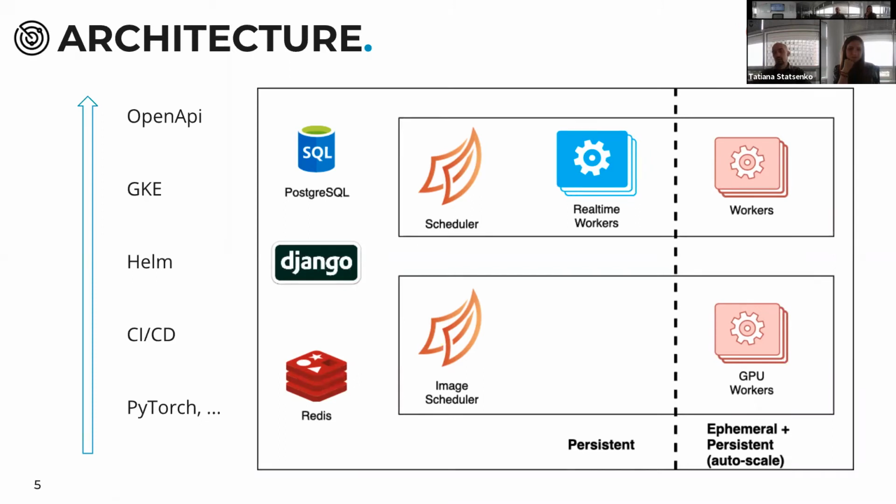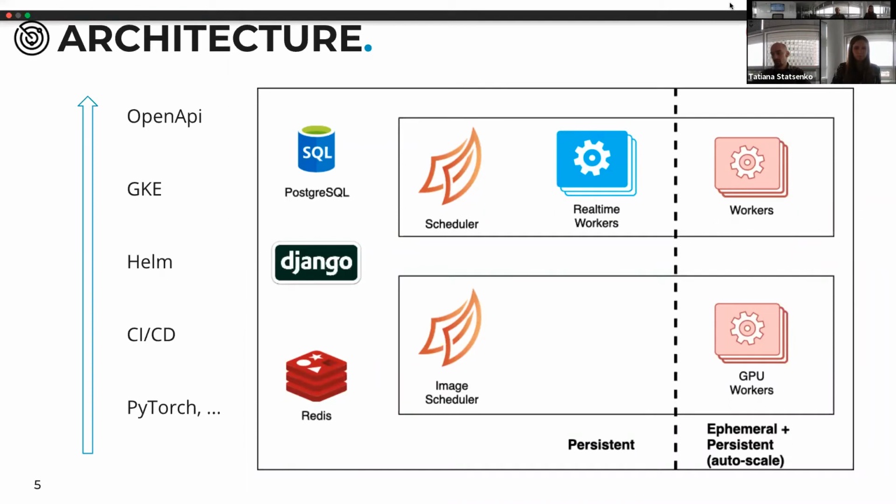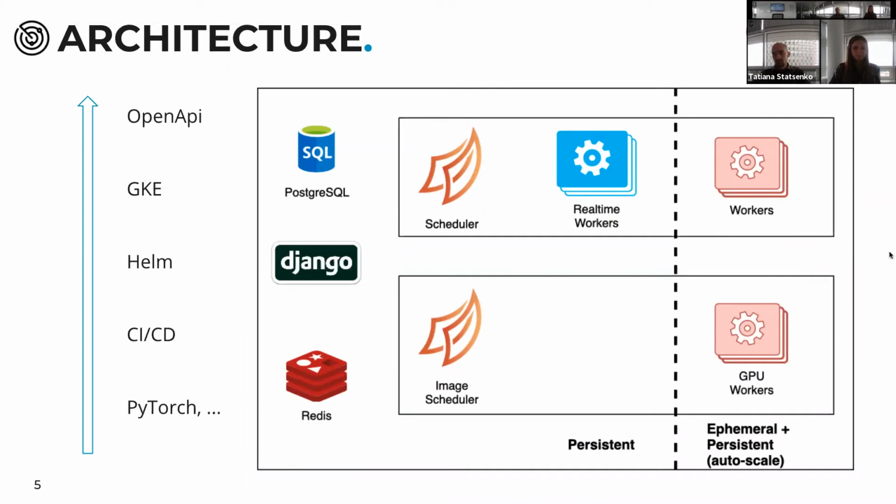And whenever there is room for additional workers, scalable workers, they usually land on ephemeral nodes, which are cheaper. But if those don't exist, then the auto-scaling kicks in. And this is done twice, once for GPU image-heavy and once for CPU only. And both are controlled from a Django server.